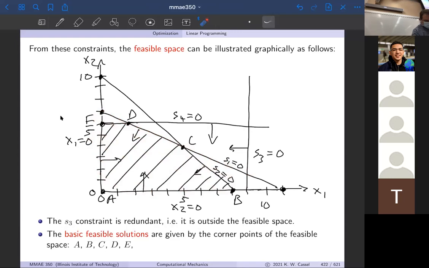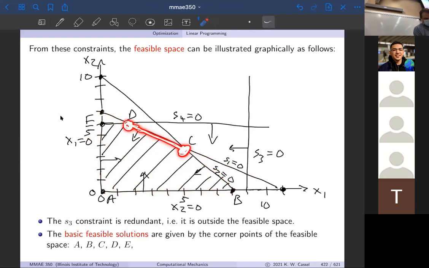It'll still go around from A to B to C, but if it's exactly parallel to this line right here, then C and D will actually have the same J. So every point on that line segment between C and D gives the same J. Should I make this many x1, x2?